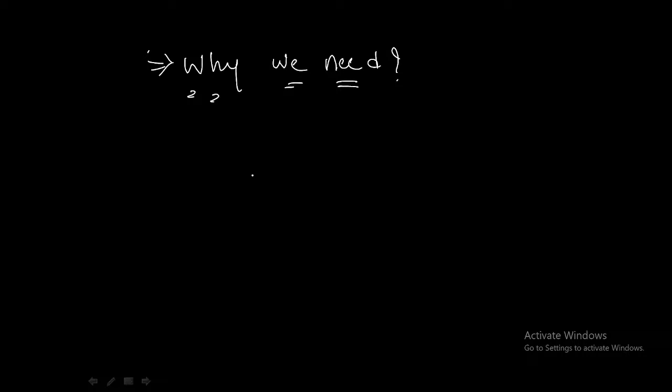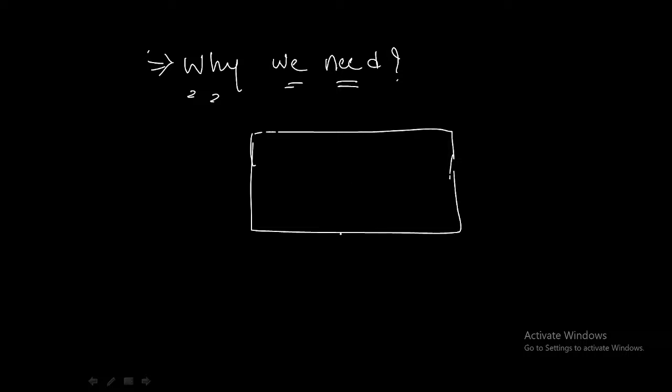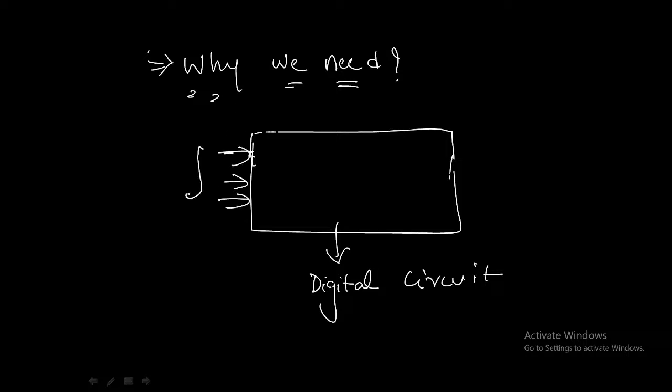Now, why do we need these clipper circuits? Let's say this is our digital circuit. On the left hand side, we have all our inputs, and on the right hand side, we have our outputs.